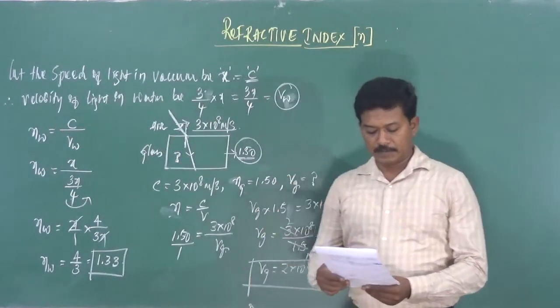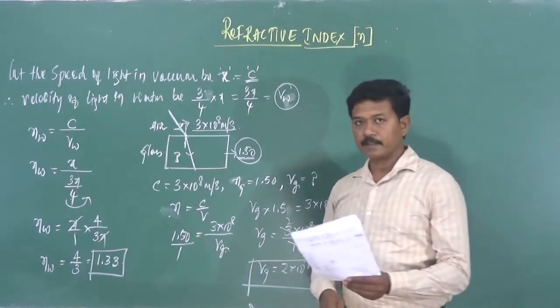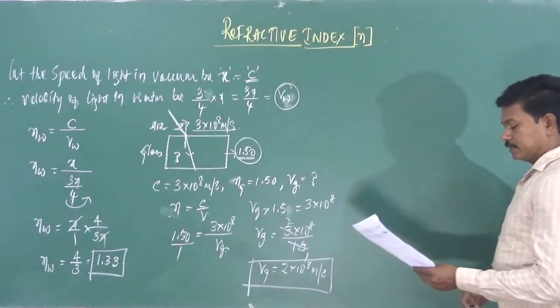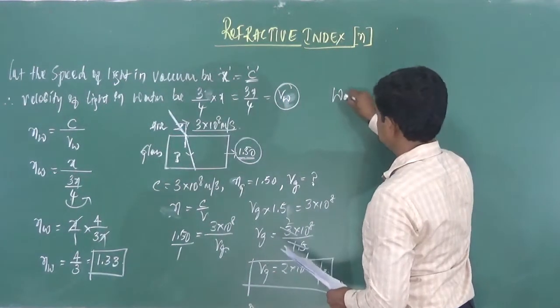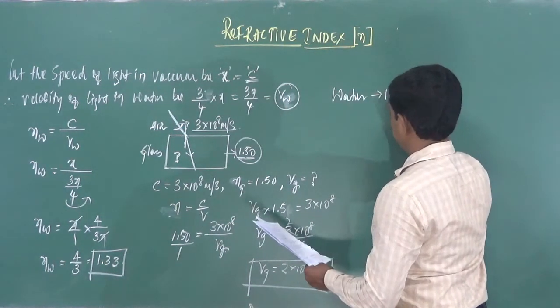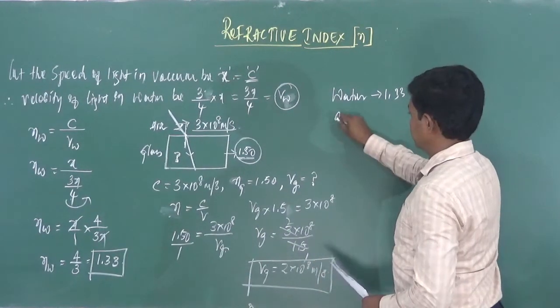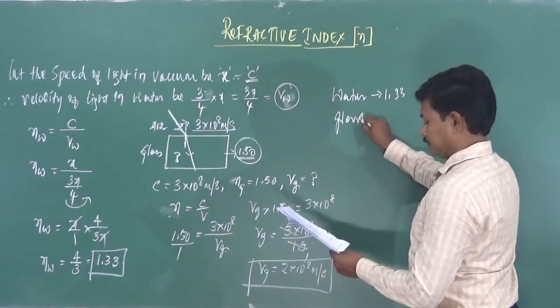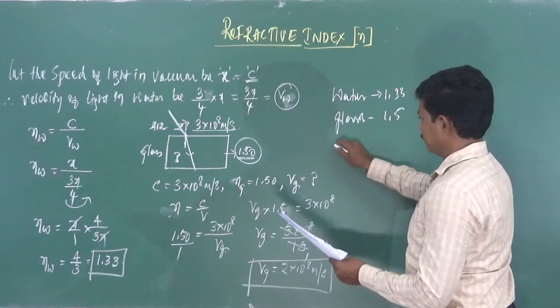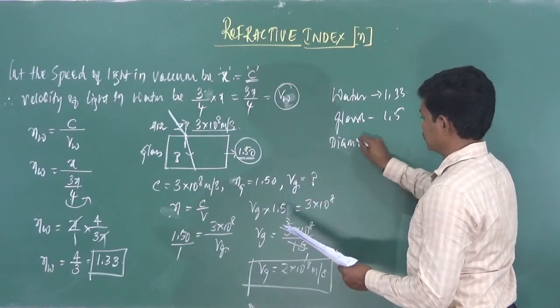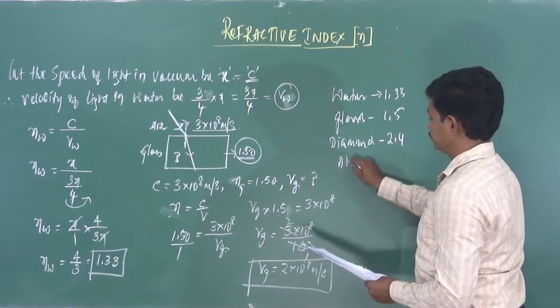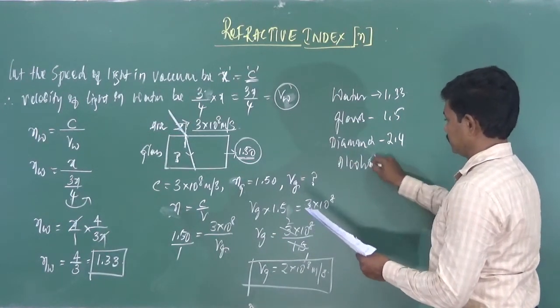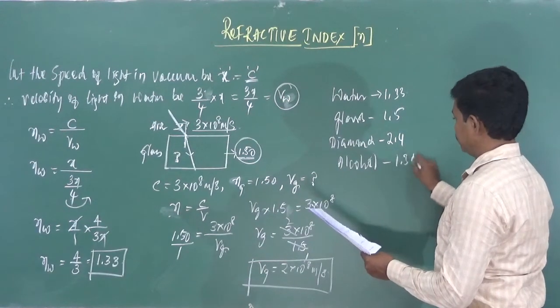So we are given an application question here. Water has refractive index 1.33, glass has refractive index 1.5, diamond has refractive index 2.4, and alcohol has refractive index 1.36.